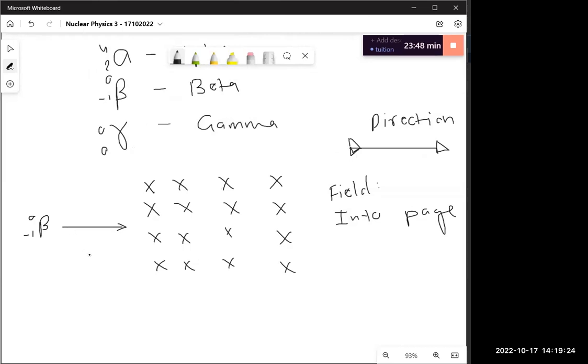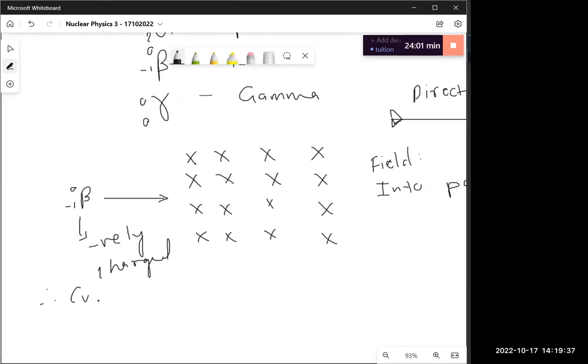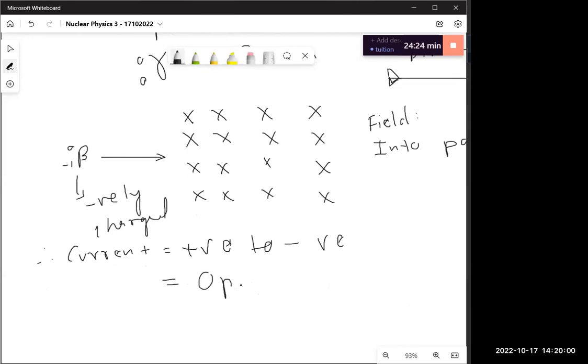Now, the current direction is opposite of the negatively charged particle. We know that current is positive to negative. Therefore, it is going opposite.